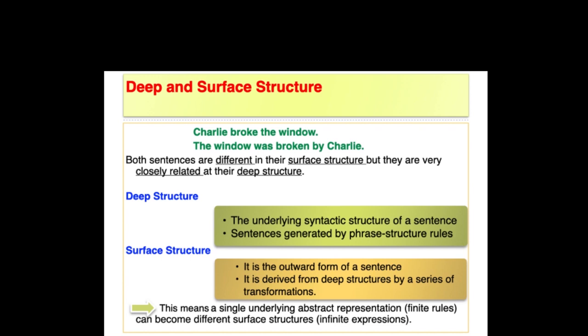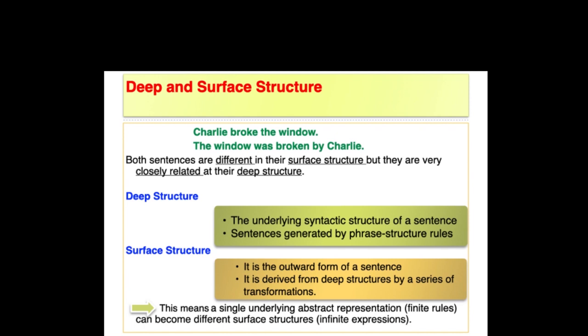In the surface structure of the first, we have Charlie, we have broke, we have the window. And then we have reversed the order by bringing the window to the beginning, and having Charlie at the end of the sentence. So this is a reversal of the order of the first sentence.